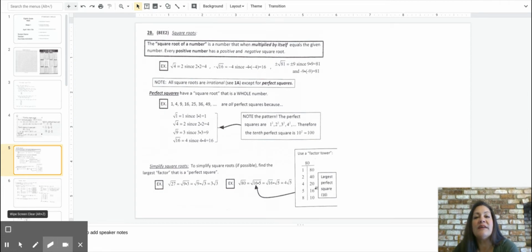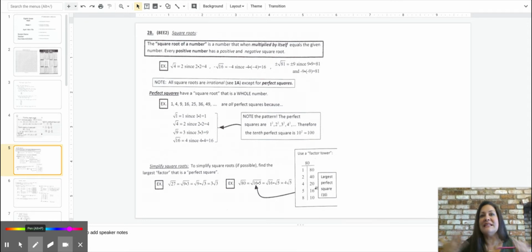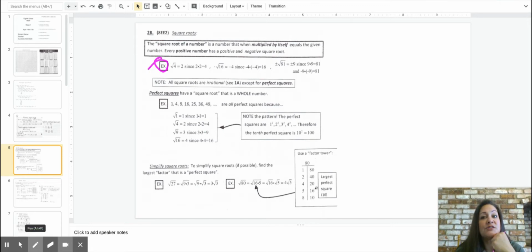The square root of a number is a number that when multiplied times itself equals the given number. Every positive number has a positive and a negative square root. And we know that because a negative times a negative equals what? A positive. Good. So right here in our example, square root of 4 equals 2, since 2 times 2 equals 4.